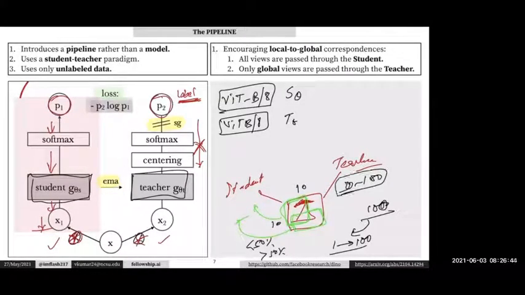So the teacher always gets more data, that is more knowledge, and they're always cropped around the center. So the teacher always has more knowledge about the input data compared to the student, and it always produces labels which are superior to the ones produced by the student.